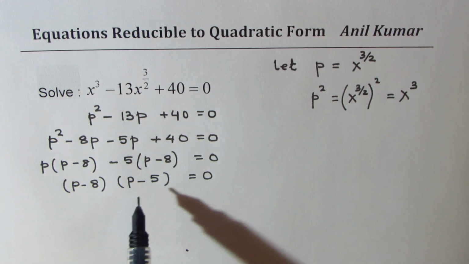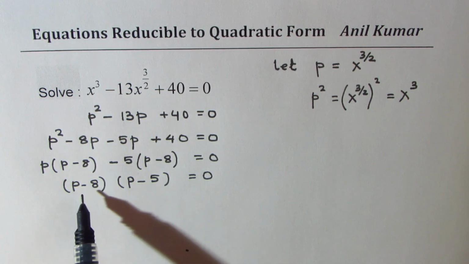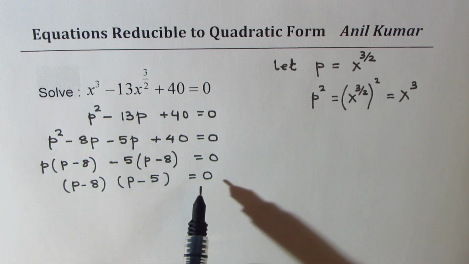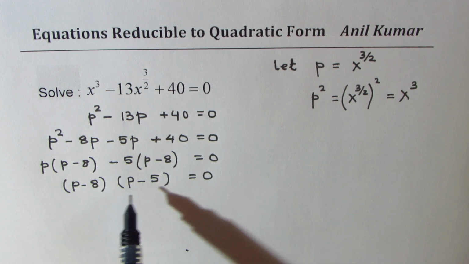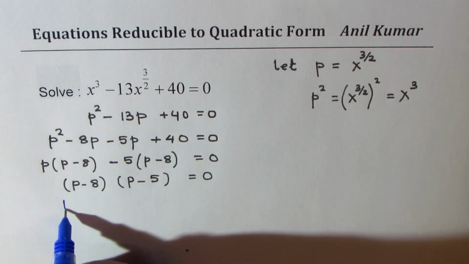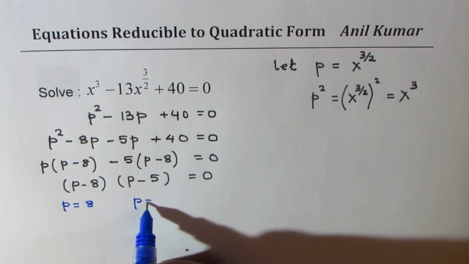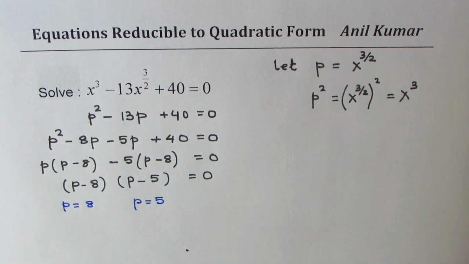Now applying the zero product rule, two numbers when multiplied give you 0 when either one of them is 0 or both are 0, right? So that gives you two solutions here, one being p equals 8 and the other p equals 5.